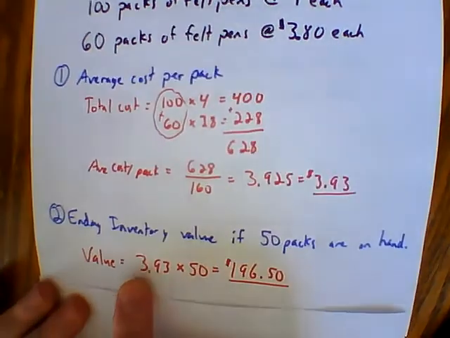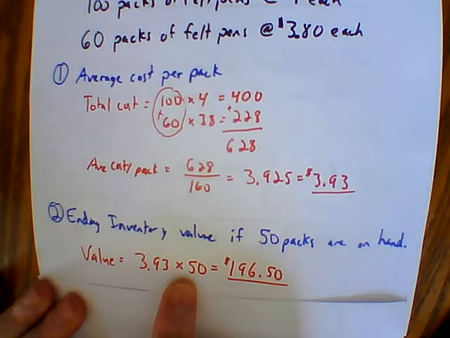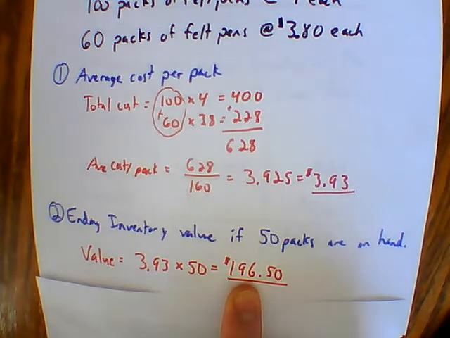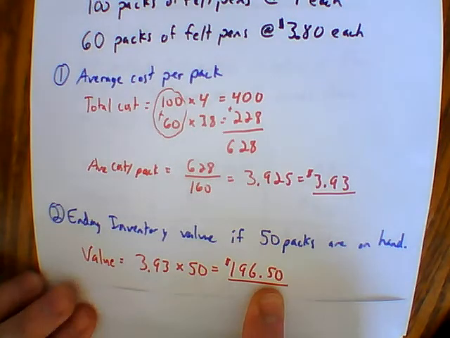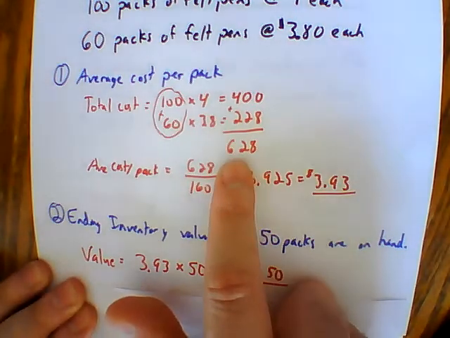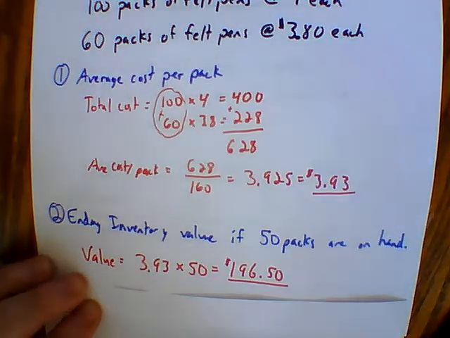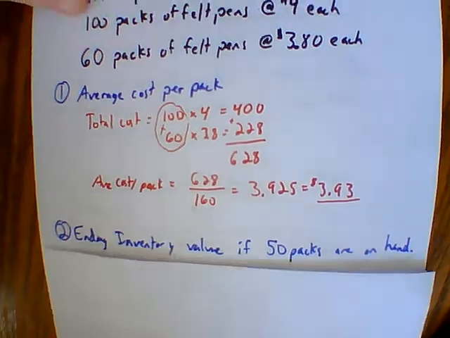So we're going to take $3.93 times the 50 that are left, thus leaving us with $196.50 in inventory. So out of that $628 that we originally purchased, this is our price that we have left in inventory.